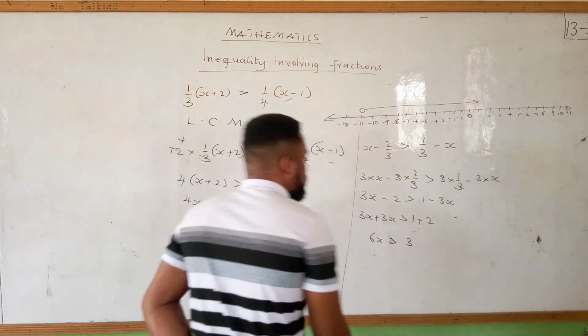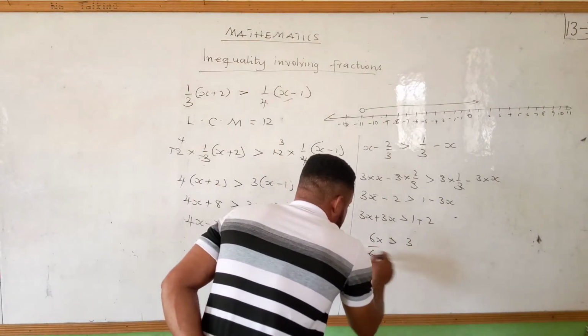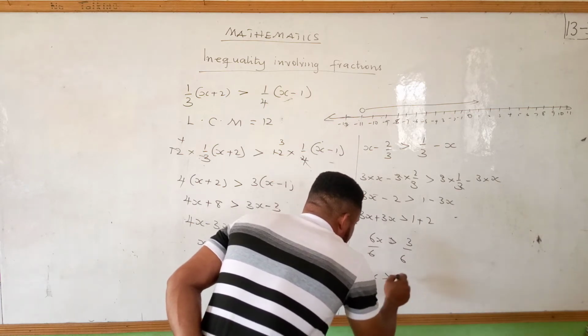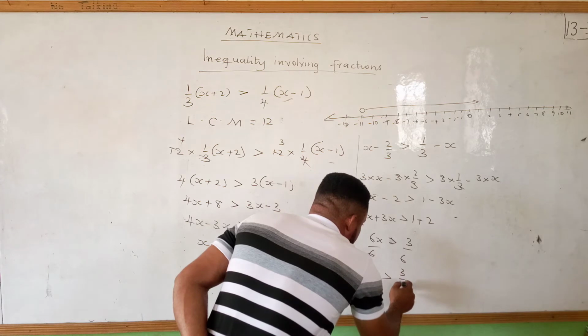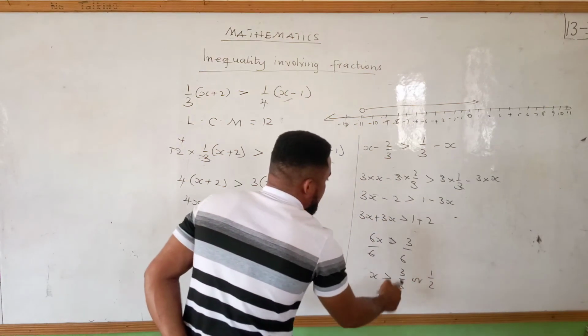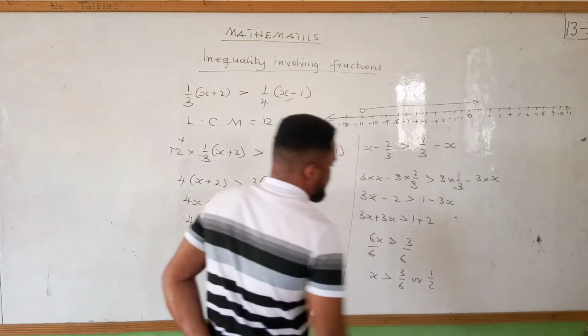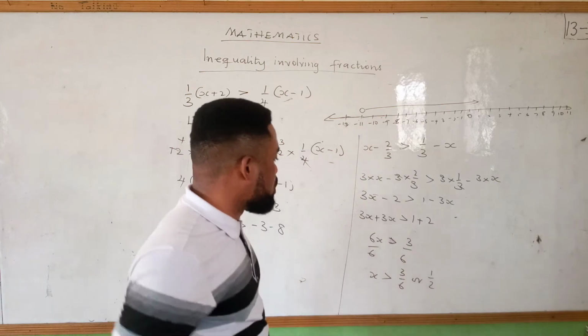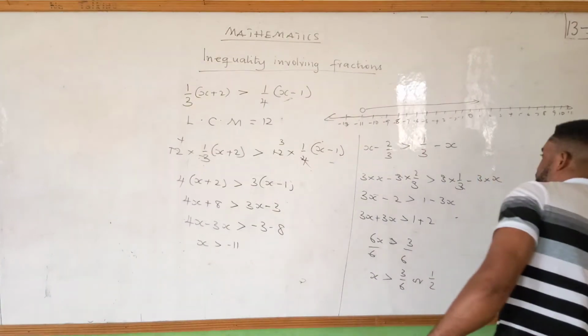Okay. So what do you do? You divide both sides by the coefficient, which is 6. So our x is greater than 3 over 6 or 1 over 2. That is 3 divided by 3 gives 1 and we divide 6 by 3 gives 2. Good. So when you have it this way, you can also put it on a number line.